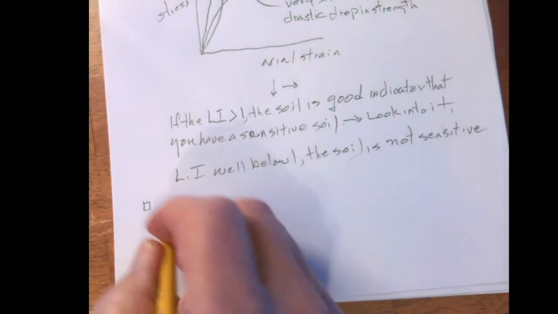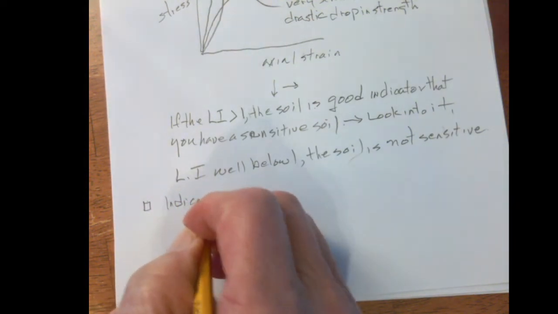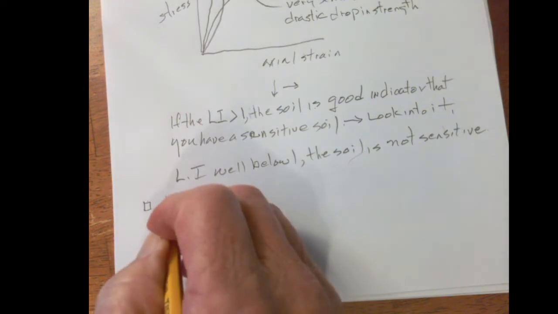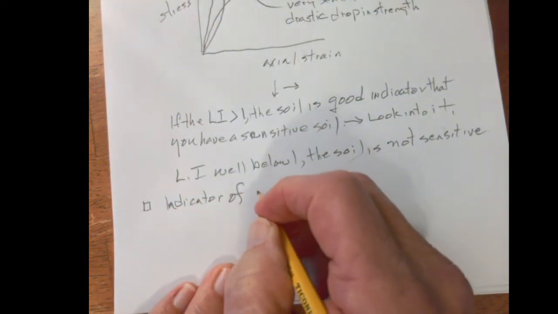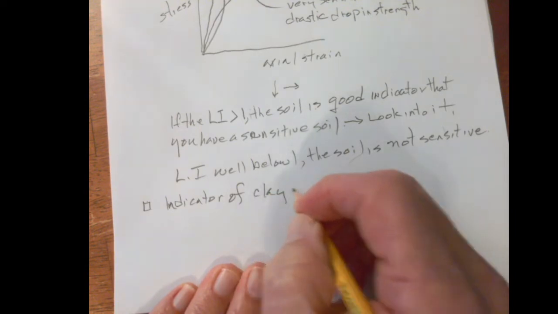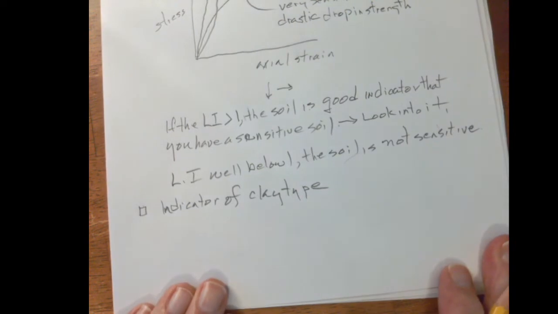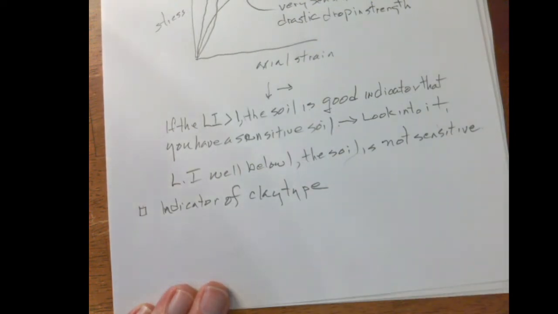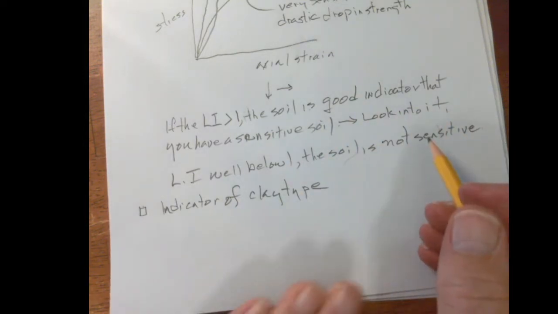It's an indicator of the clay type. By the way, it uses Atterberg Limits.